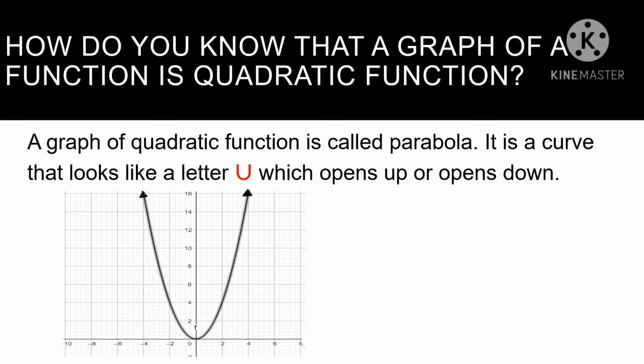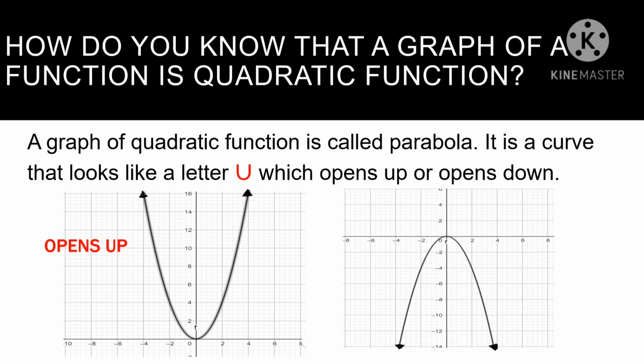So this one is an example of the graph of quadratic function. It opens up. Then the second one is another example of parabola, which opens down. So meaning the graph of quadratic function looks like these two graphs. It's either opens up or it opens down. That's a curve.